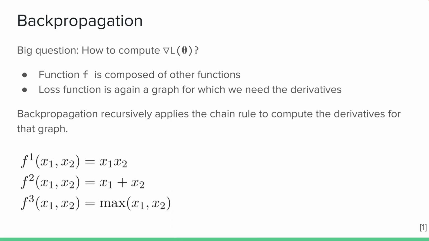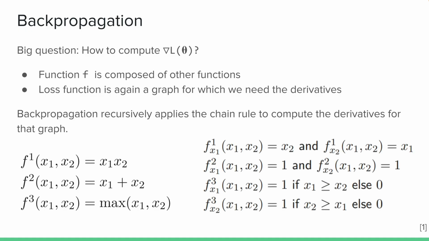And given that the functions we use are usually quite simple, we can actually write it down. If our function is a multiplication, addition, or a maximum, then these are our partial derivatives. You can see it's quite easy to apply partial derivatives once we've broken down our loss function into the individual parts.